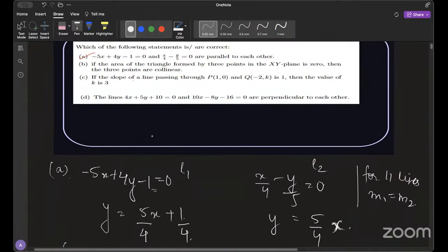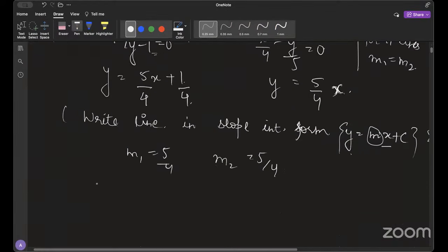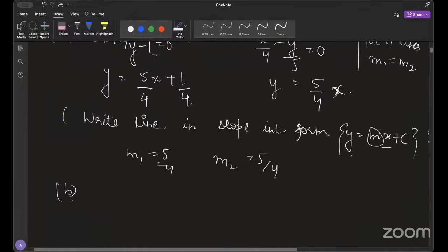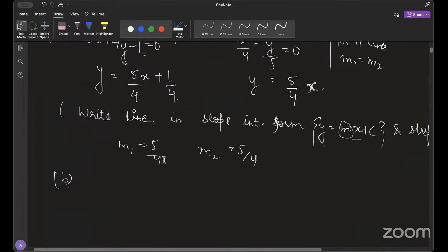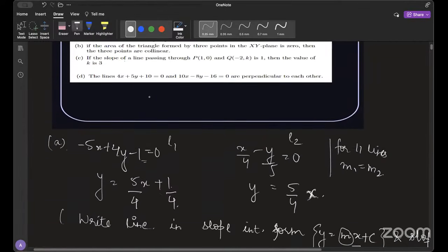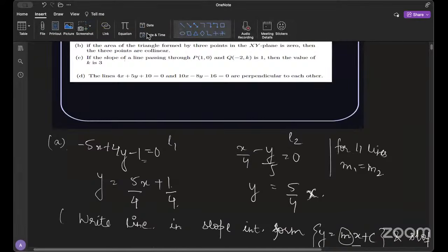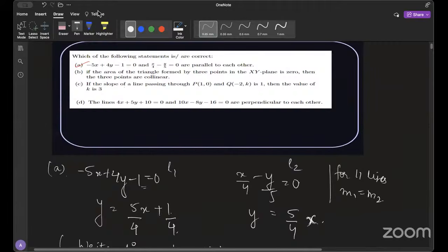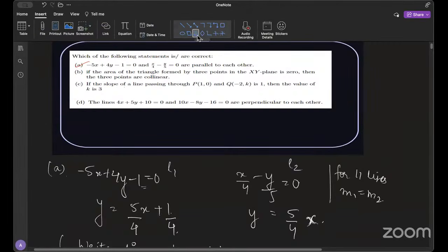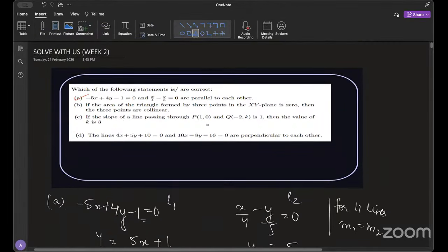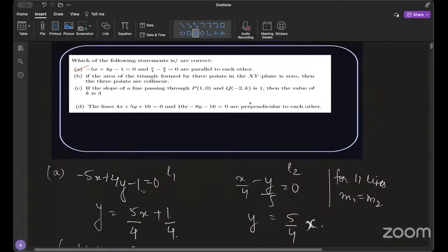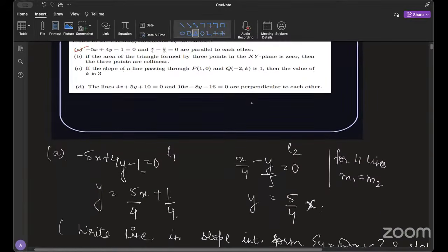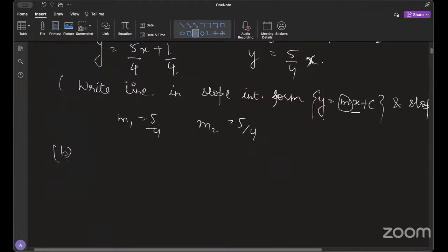I have the second option. It talks about the area of a triangle formed by 3 points in the xy plane being 0, then the 3 points should be collinear.